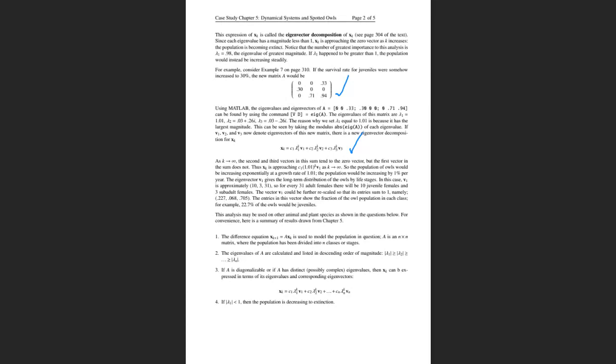eventually 22.7% of owls in the population would be juveniles, 6.8% of owls in the population eventually would be subadults, and 70.5% of owls in the population would eventually be adults.